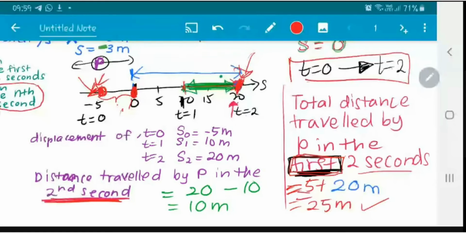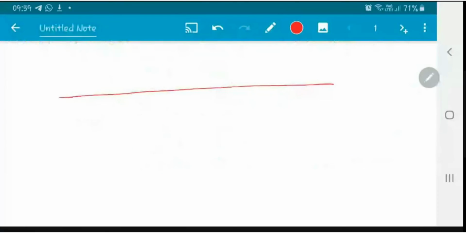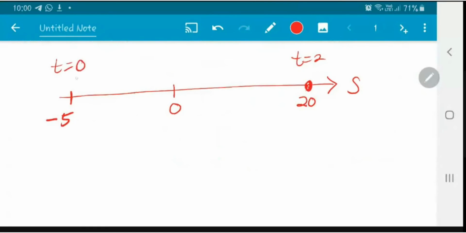Okay, lagi sekali. Saat kedua tadi dia kat sini. Kat sini tadi 20 meter. Ini lagi sini. Okay, ni pada saat dia mula kat sini.